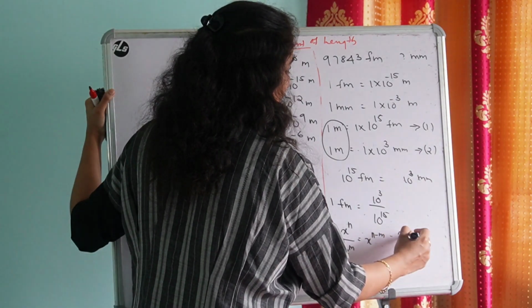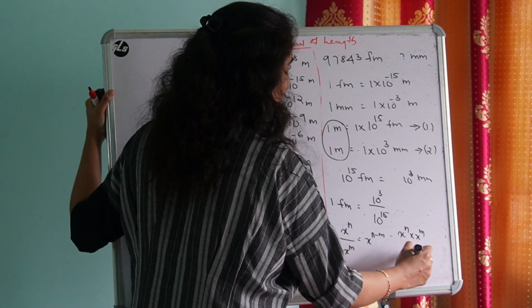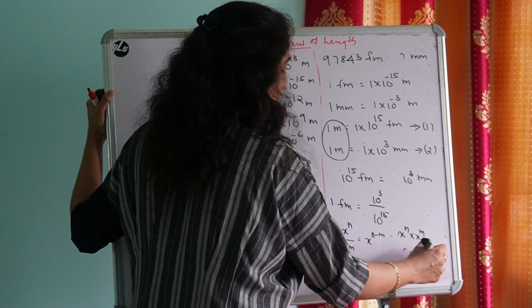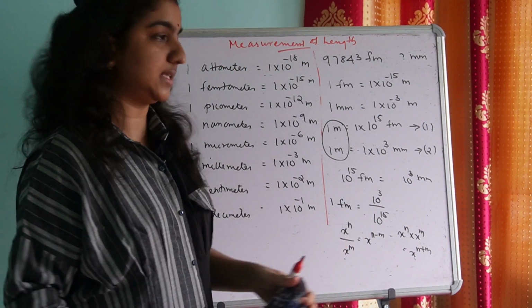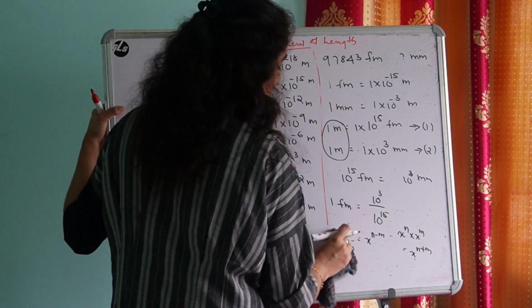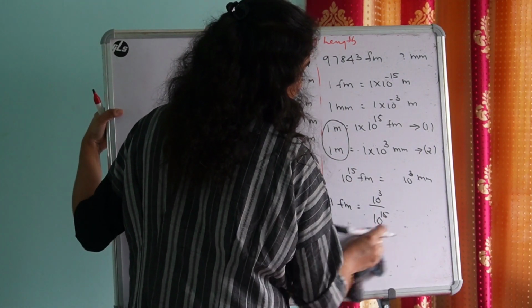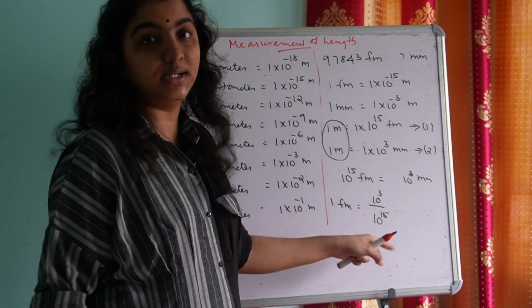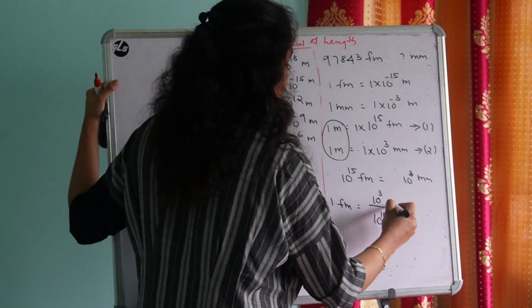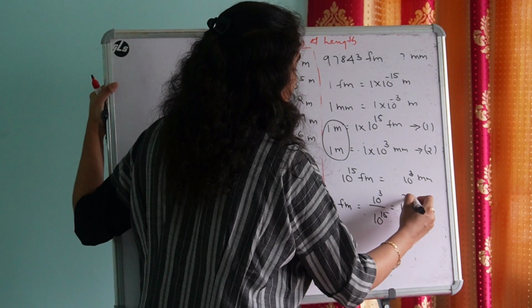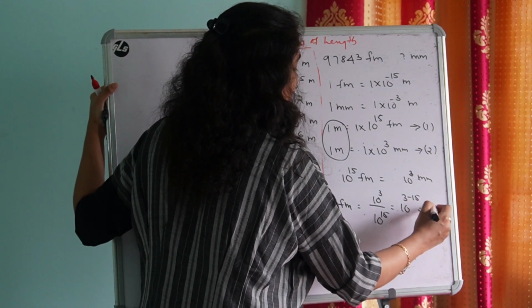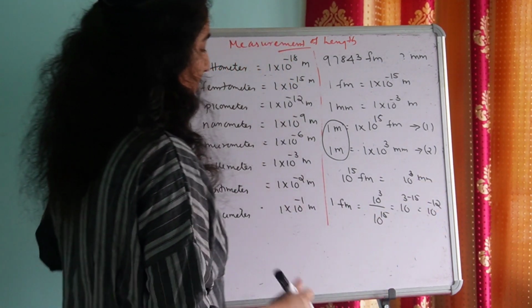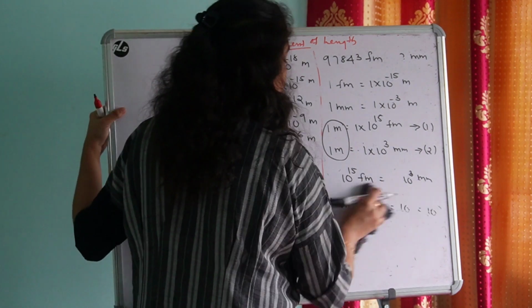Again, x power n into x power m is equal to x power n plus m. Yes. So we can apply this rule here, because the base number of both the numbers is one and the same. So that is 10 power 3 minus 15. So it becomes 10 power minus 12. So what is 1 femtometer equal to?